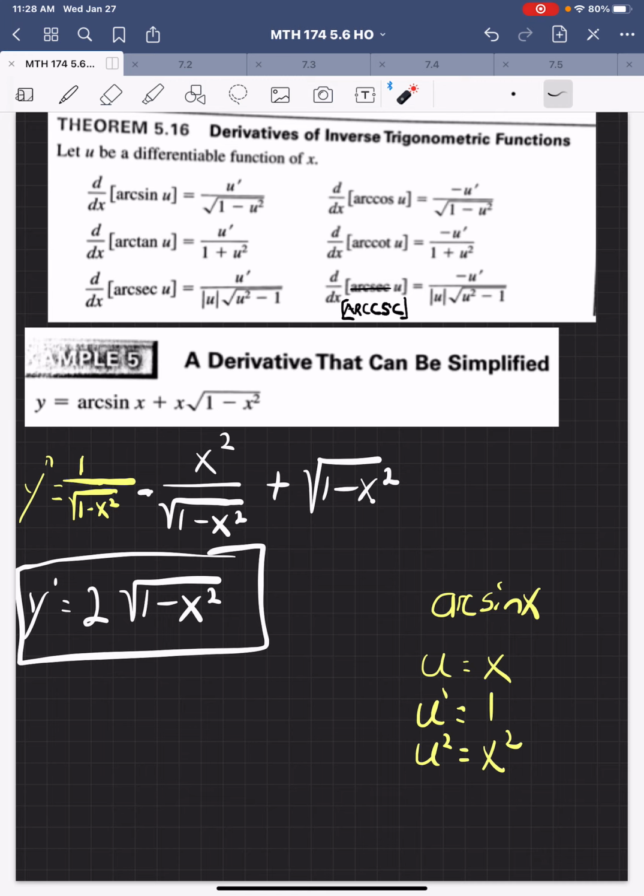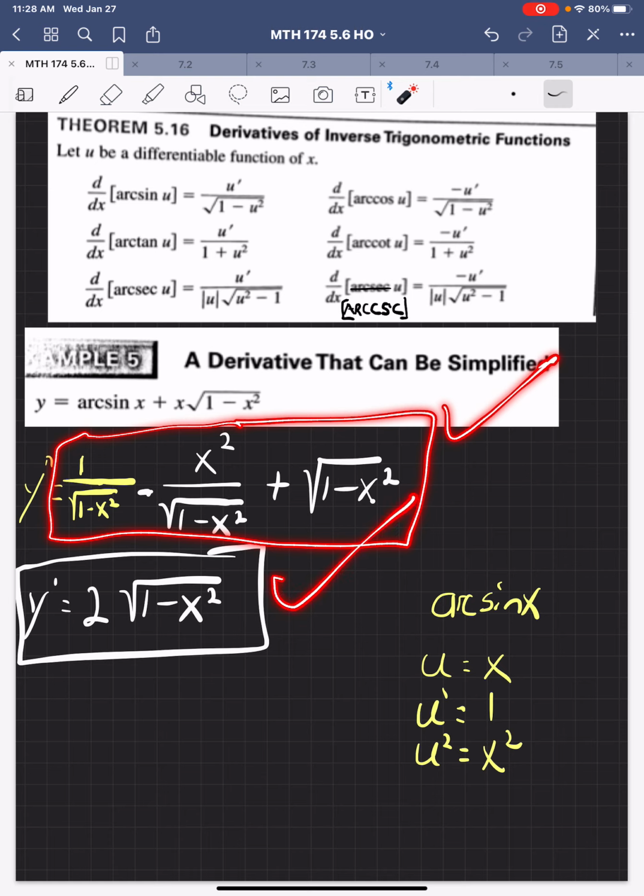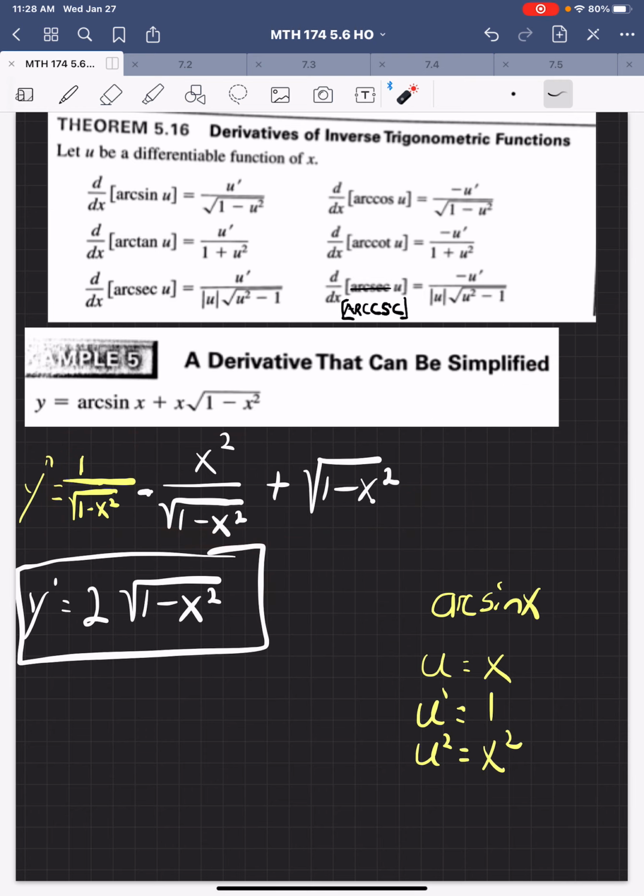That can be frustrating because if you're working out a problem and this is what you get, and then you look up the answer in the back of the book and this is what they get, you're thinking that maybe you did something wrong, but no, you didn't. All they did was combine these. If you want to add fractions, you have to have a common denominator, right?